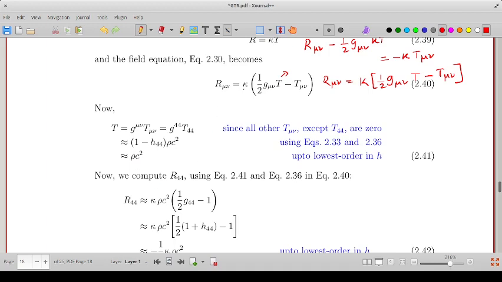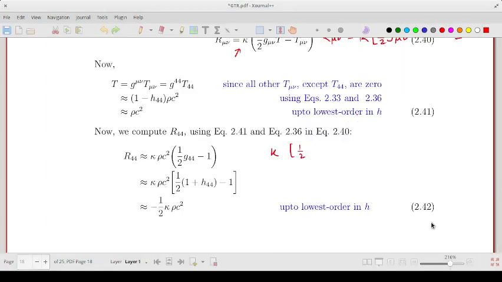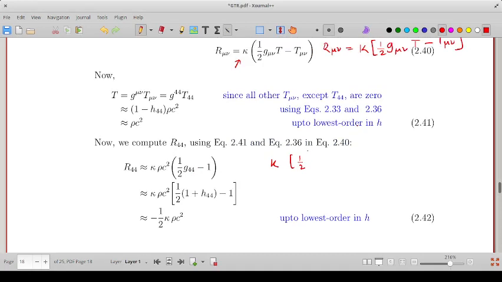So we can go back to this equation and use this expression for T and find R44. So R44 is approximately equal to K times (half g44 T minus T44).